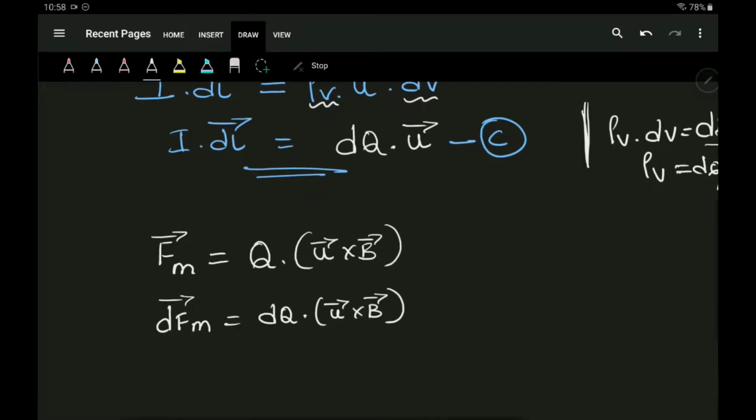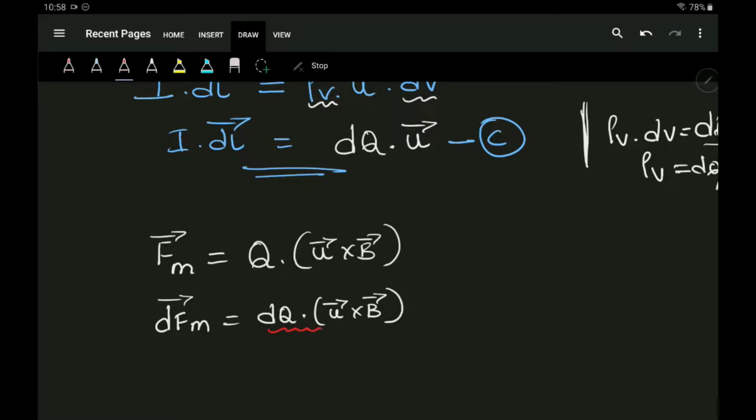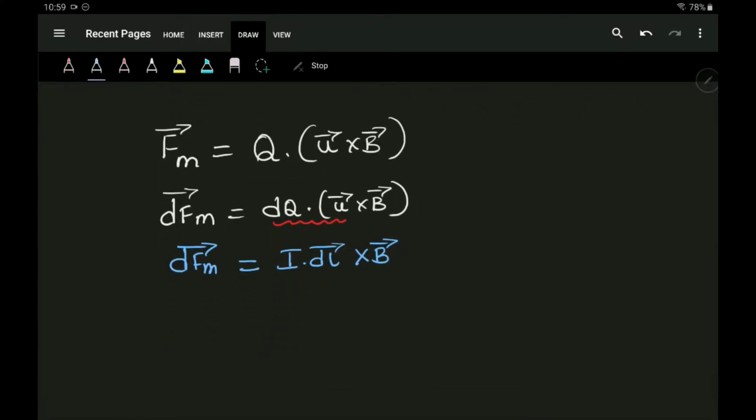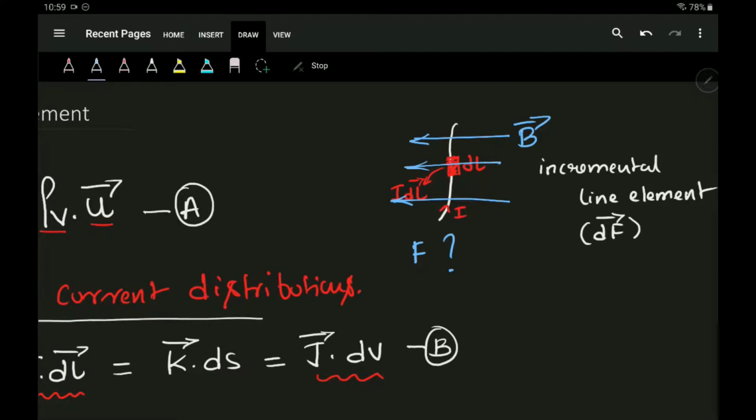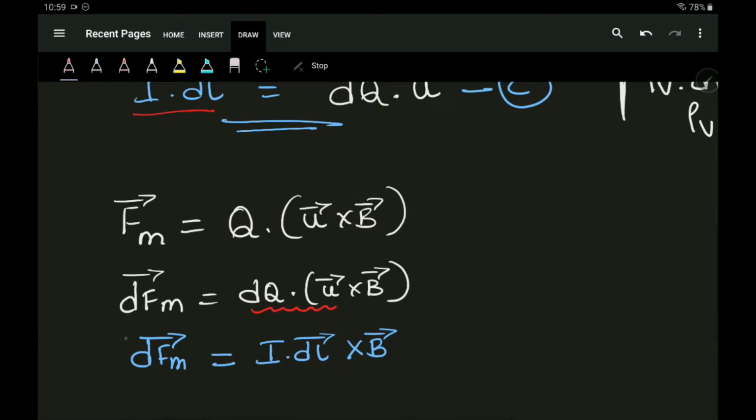Now dq times the velocity vector u can be replaced by my current element I dl. If I do that, the whole equation becomes I dl cross the magnetic field vector B, which equals the small force experienced. If I want to know the force experienced by the complete conductor, I simply integrate over the whole closed line.